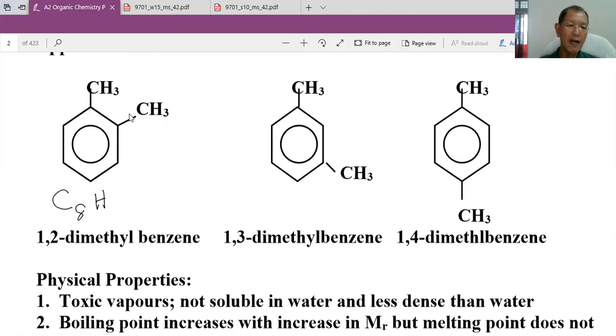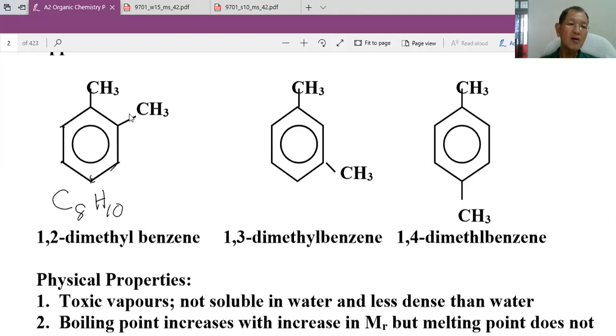Now here no more hydrogen. The hydrogen here has been replaced by the CH3. So 4 plus 6 here is 10. See? So it's still less than 1 to 2, isn't it? So it still is considered to have a ring. So 6 carbons here, so there must be 1 ring here.